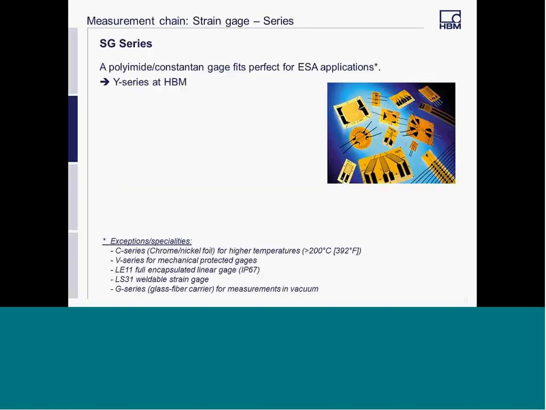Choose the right one. If you look in the strain gauge catalog of HBM, there are a lot of types, a lot of series, but to make it easy, if we speak about the applications I mentioned before, that means if we are in the world of ESA, take the Y series. There are some exceptions, but 99% you can do with the Y series.